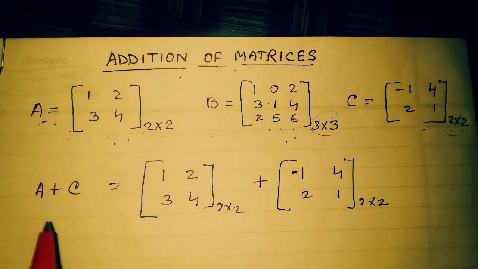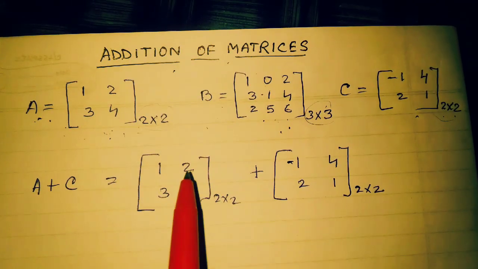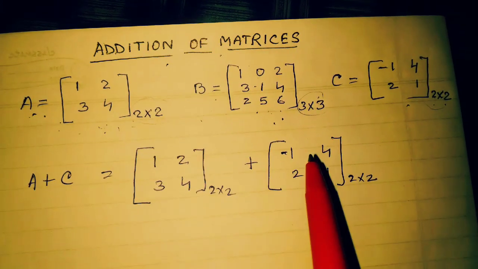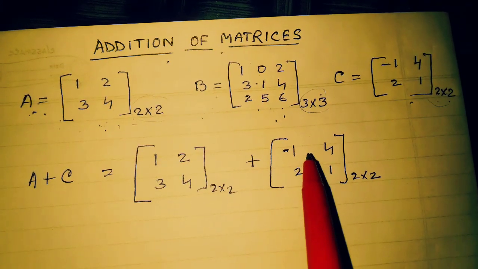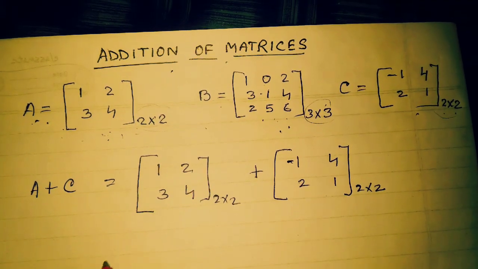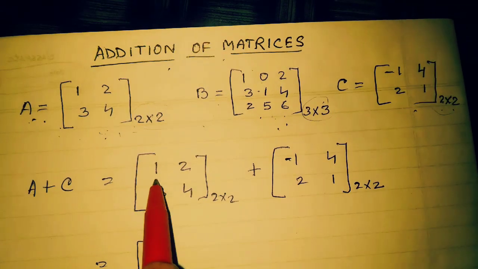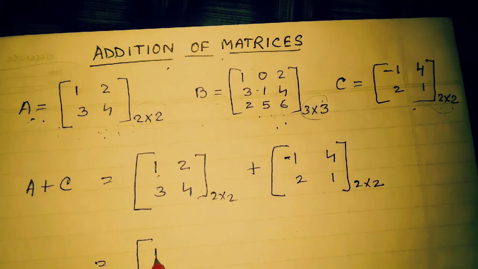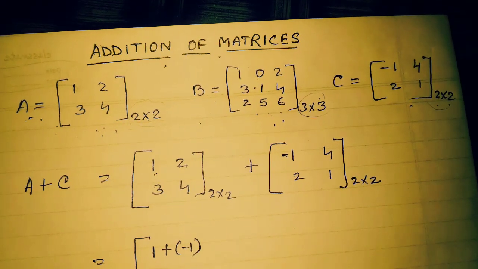So when we add the two matrices, we add the ith row and jth column element of this matrix with the ith row and jth column element of the other matrix. Clear? Suppose we add this A11 element with this A11 element, that means 1 plus -1.